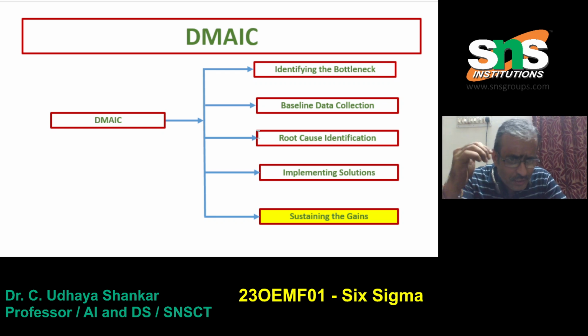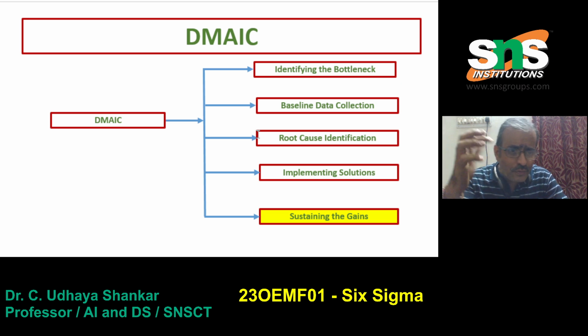So what do you mean by sustaining the gains? It is nothing but control. It is the last part of the DMAIC, that is control. Control is a very important parameter in the DMAIC structure, that is in the Six Sigma approach. It is the final and last part of the DMAIC architecture.